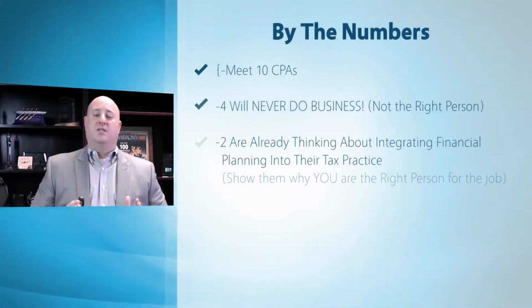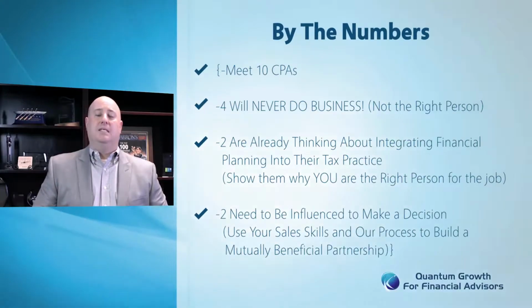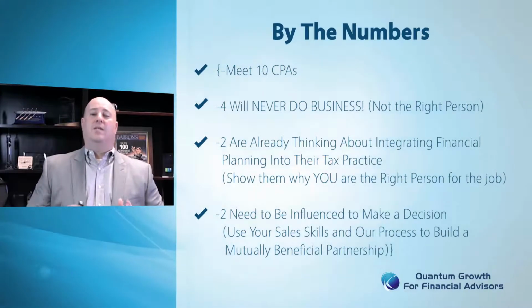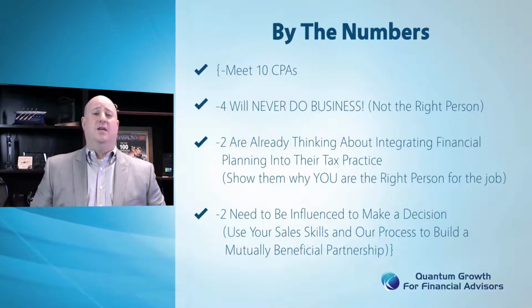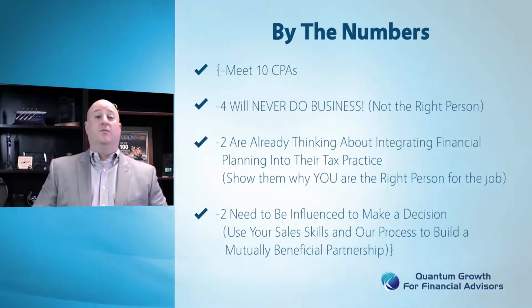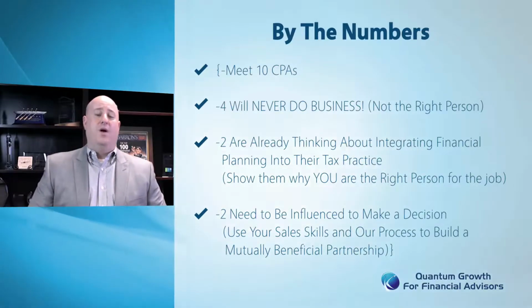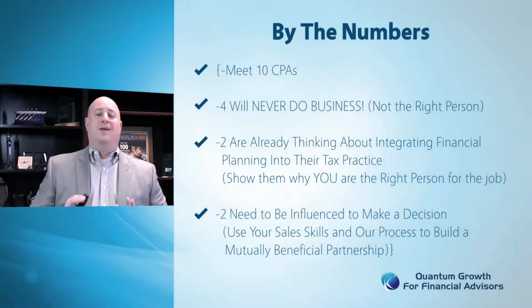A lot of times what I find is those CPAs, and if you remember earlier, this is important to understand so I'm happy to reiterate it, when you think statistically, if you were to meet 10 CPAs, 4 out of 10, no matter what you do, you could follow my system to the T, you can deliver it flawlessly, but 4 out of 10 are just the wrong accountant.